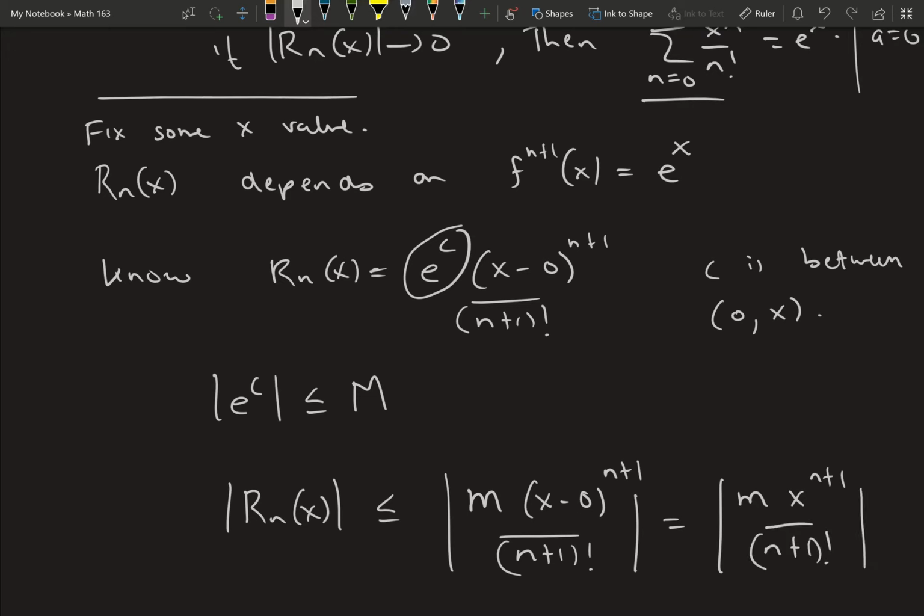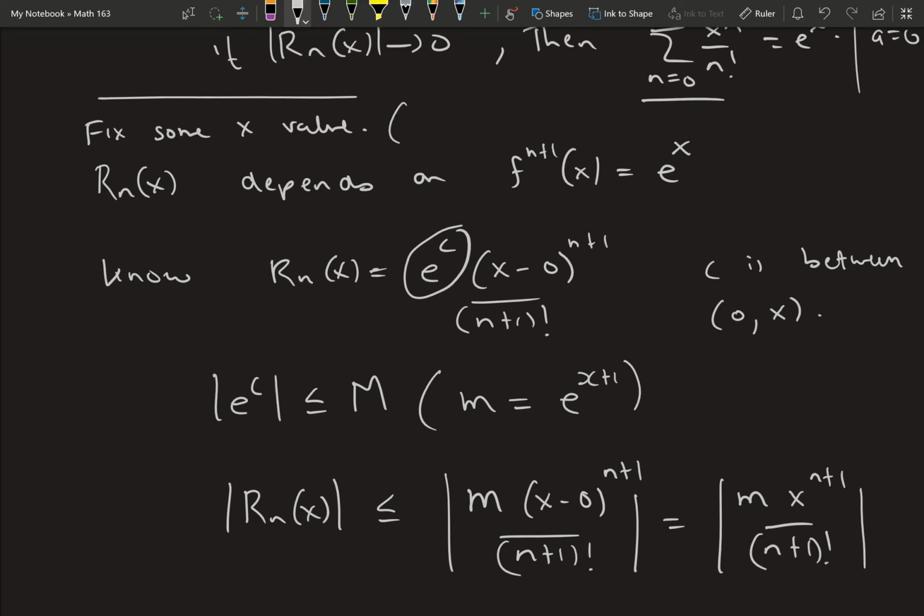Remember, x is a fixed value here. We could choose, by the way, m to equal e to the x plus 1, for example.